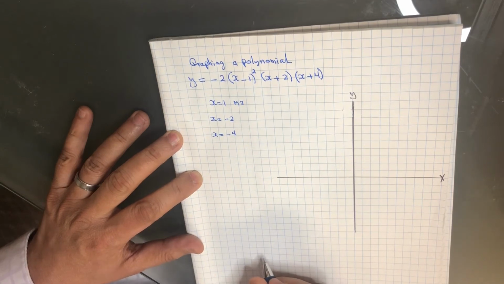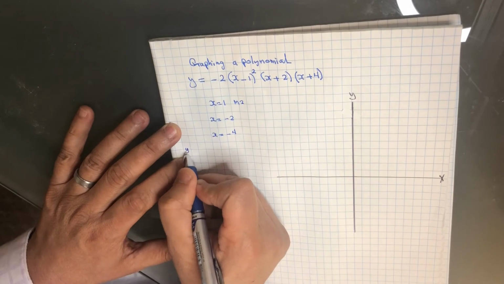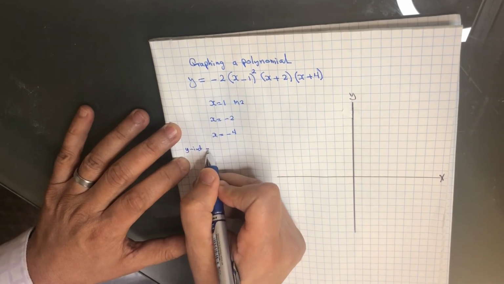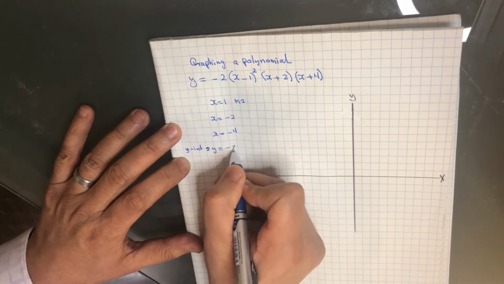Okay, so now, if we want to find the y-intercept, we just make x 0. The y-intercept is y equals -2.